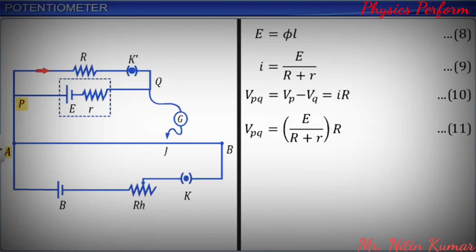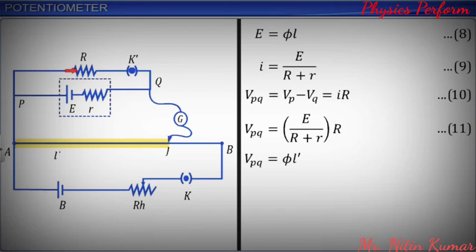Contact is made on the potentiometer wire using the jockey, which is pressed at various points on the wire till we get a balancing length L', where the potential drop across the length of the wire is equal to the terminal voltage of the cell. Thus, we have VPQ is equal to phi into L'. Let this be equation 12.